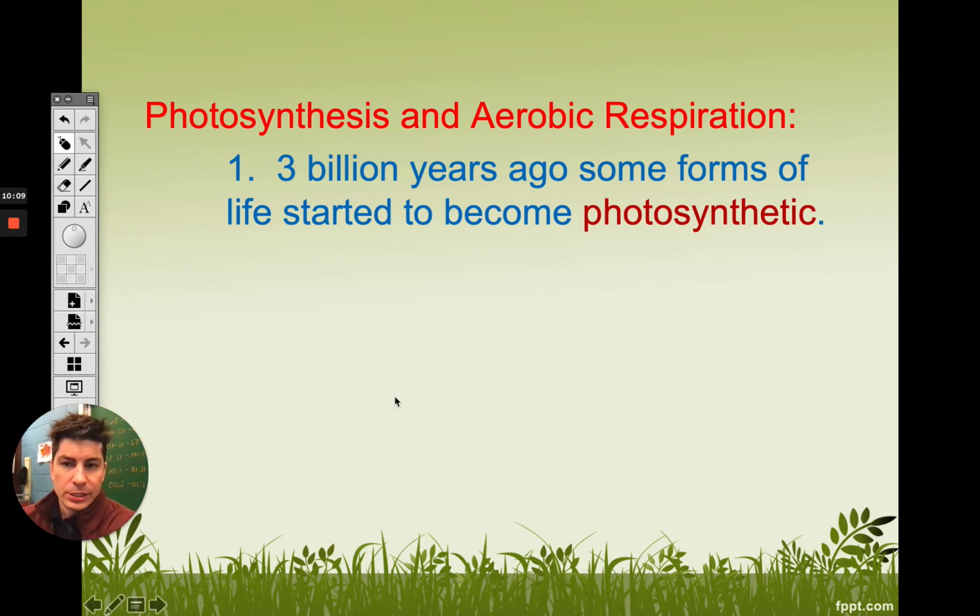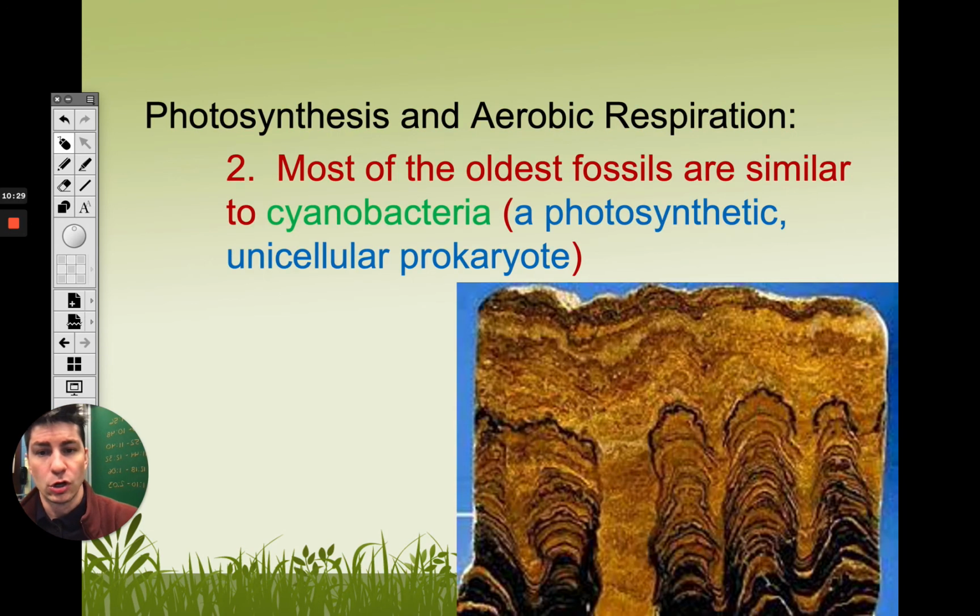After this, so about 3 billion years ago, we started to have life that could become photosynthetic. This means that they are going to go through photosynthesis. So before this, it was probably about 3.5 billion years ago. So 3 billion years ago, we started to get our photosynthesizers. What this meant was if an organism was going through photosynthesis, we were starting to up those levels of oxygen in the environment.